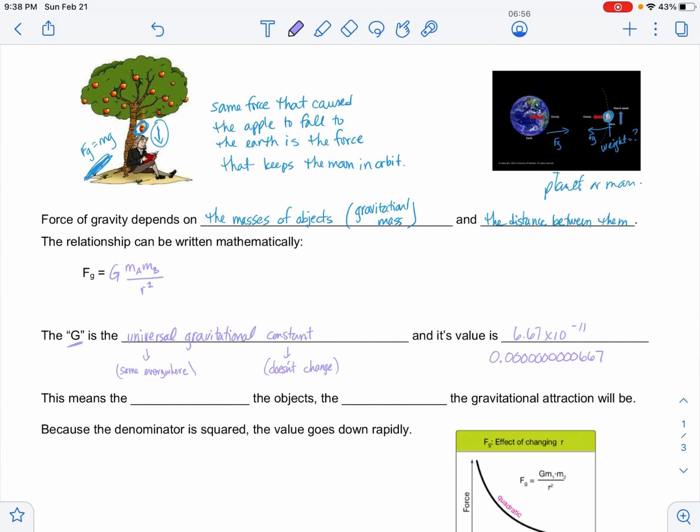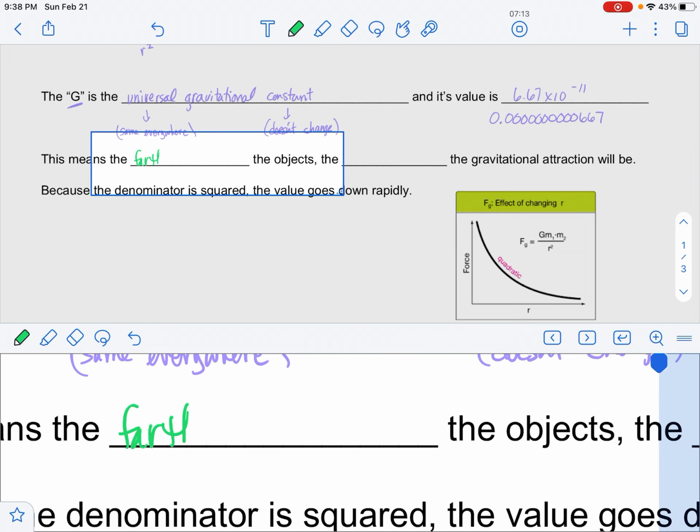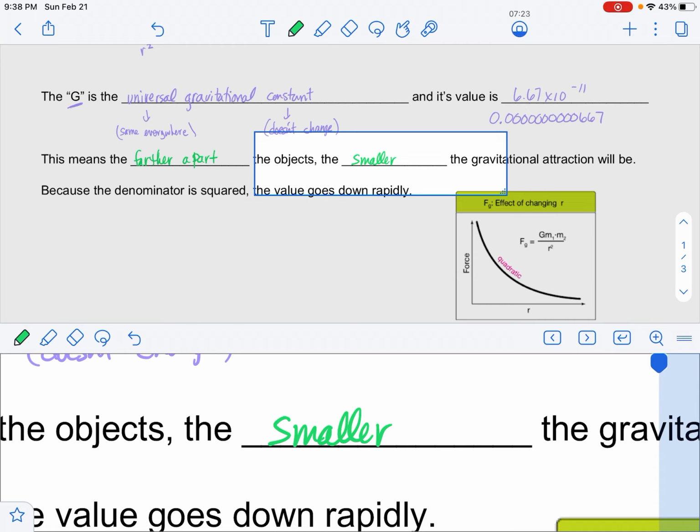What does this mean? This means the farther apart the objects are, the smaller the gravitational attraction is.